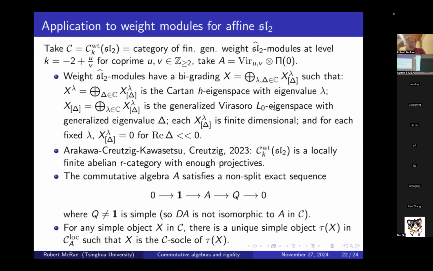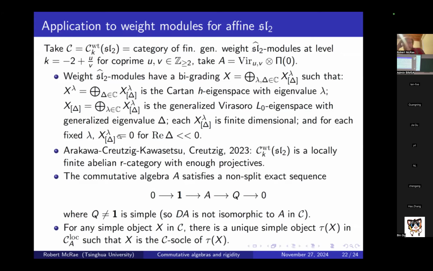Here, these Virasoro L0 eigenspaces are not finite dimensional, but if you fix a lambda, then the doubly homogeneous space is finite dimensional. Also, in rational conformal field theory, the L0 eigenvalues of any module have a lower bound. In this case, we can have arbitrarily negative conformal weights, but if we fix a lambda, then the doubly homogeneous space is equal to 0 for sufficiently negative conformal weights. So it's sort of these local finite dimensionality and lower bounded conditions.